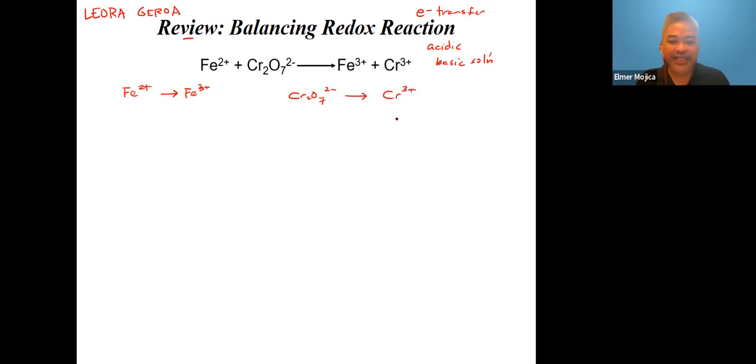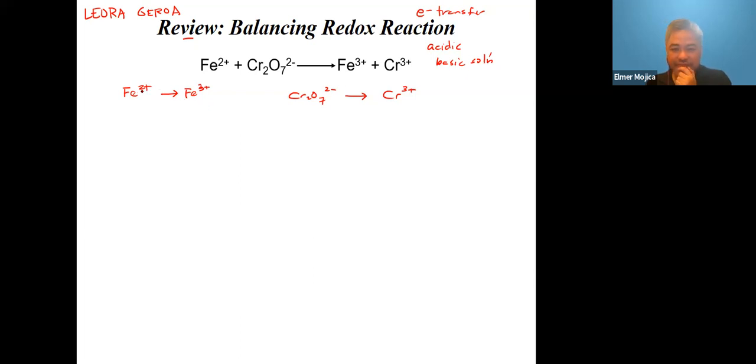So baka nakalimutan nyo na or iba yung natutunan nyo. Maybe, okay, the way we're going to learn here will give you another perspective. So this is the one that is oxidized. And usually what we do is we balance all elements first. Okay? And in this case, balanced na siya. Ang hindi lang balanced sa kanya ay ano?